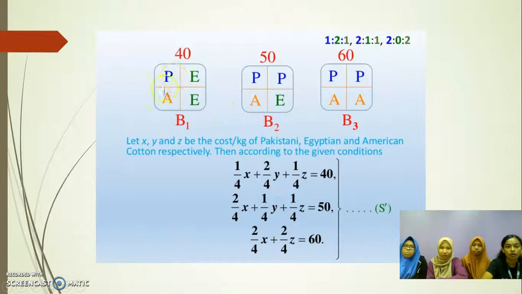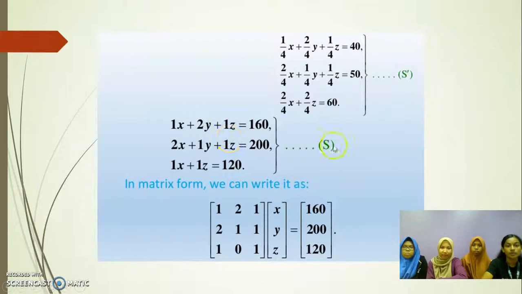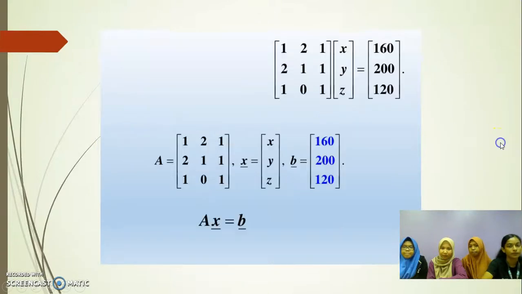Since there are four ratios of cotton, we divide by 4, and then this system is built. Next, we simplify the equations by eliminating the denominator, eliminating the fraction, and we get these equations as stated here. After that, we write it in matrix form, as shown here.